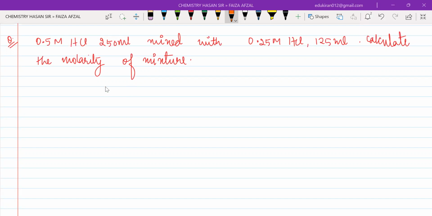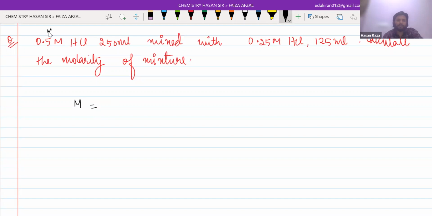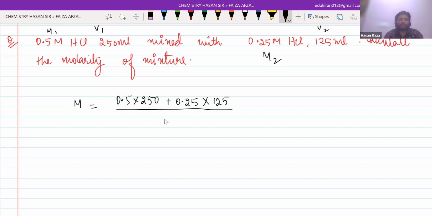So it's 125.25 divided by 2. Just let me check. Final molarity will be equal to, this is your M1 and this is your V1 and this is your M2 and this is your V2, right? So if you write 0.5 into 250 plus 0.25 into 125 upon 250 plus 125, that will be 375, right?